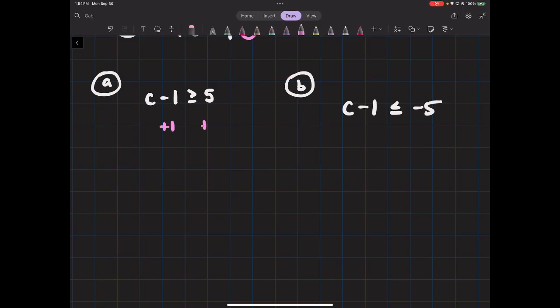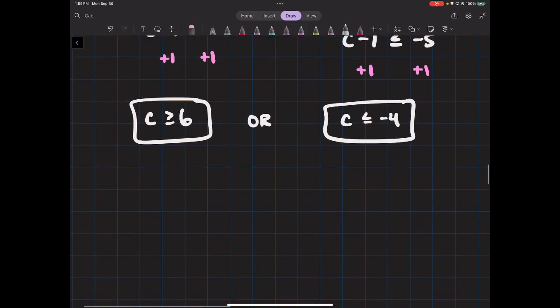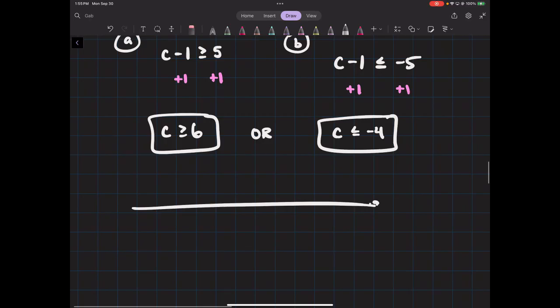Alright, add 1. Because this is an or. Okay, write the word or. Greater than, it's an or. Plus 1. Less than negative 4. Okay, graph it. 0, negative 4, 6.